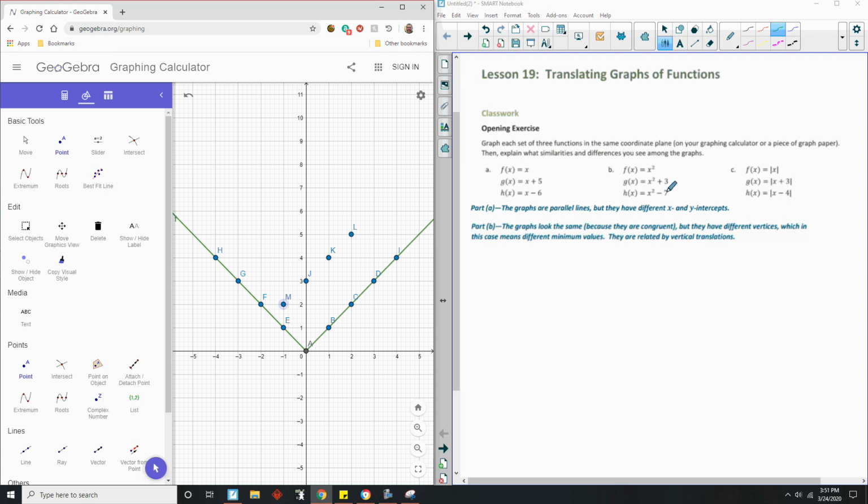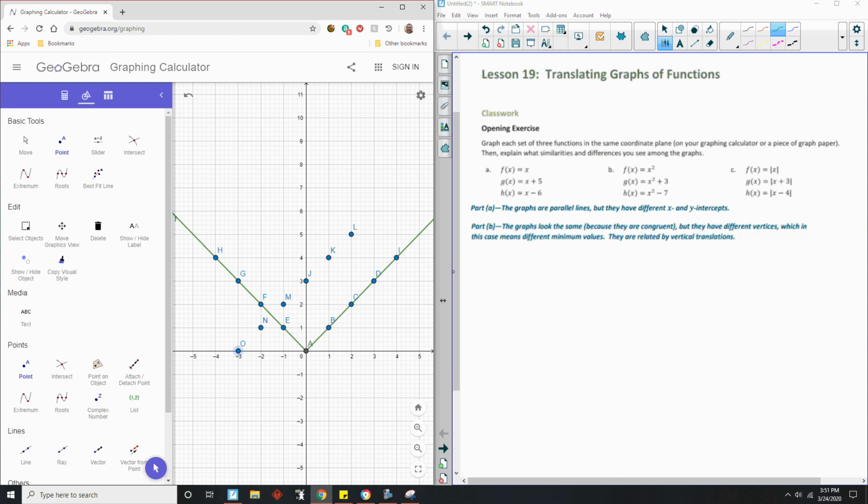Plug in 0. 0 plus 3, oh, I'm sorry, we did 3, 0 already. Negative 2 plus 3 is 1. The absolute value of 1 is 1. Negative 3: if x is negative 3, negative 3 plus 3 is 0. The absolute value of 0 is 0. Negative 4 plus 3 is negative 1.